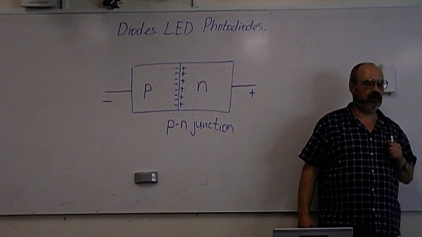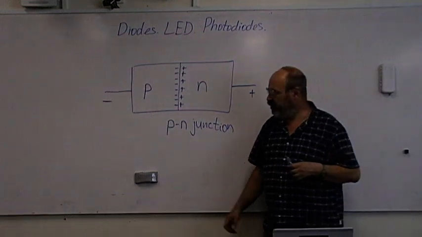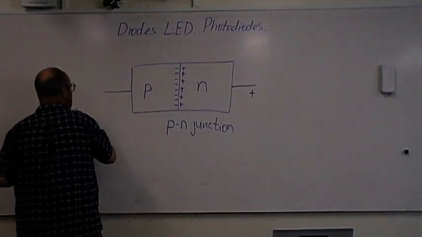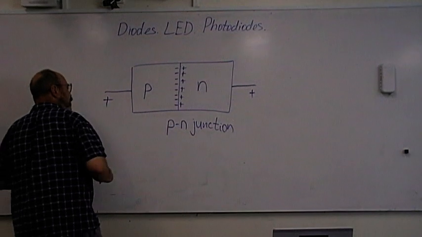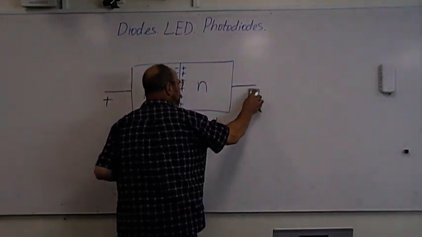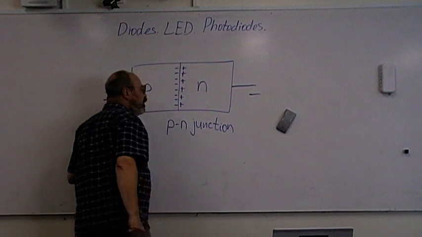No current coming through. But if we connect positive here, and we connect negative here, what will happen?